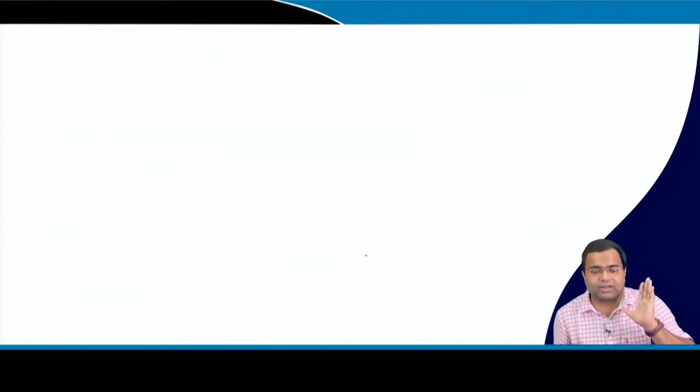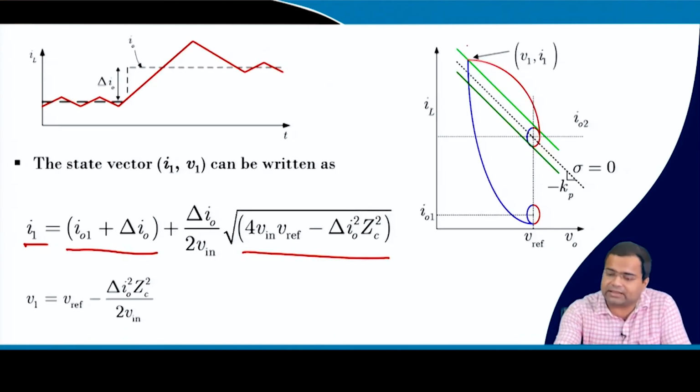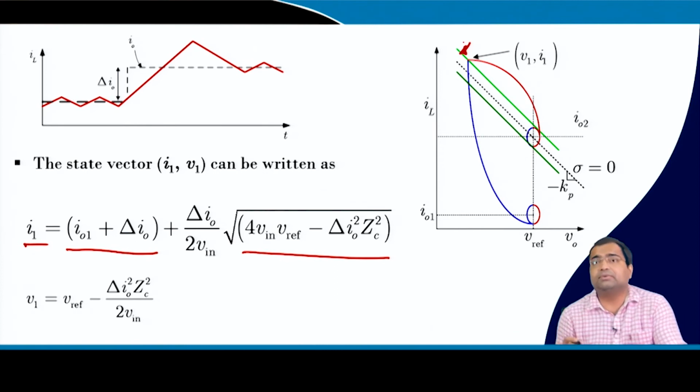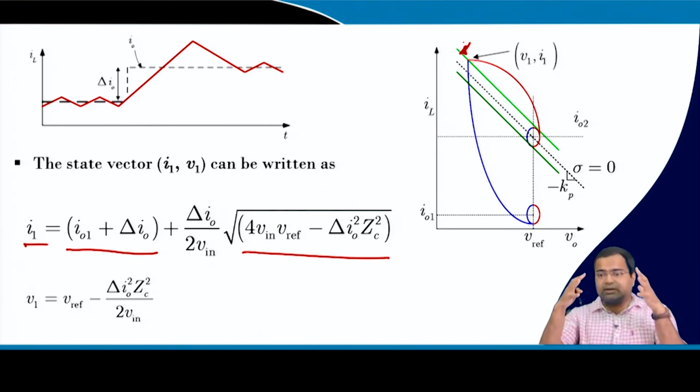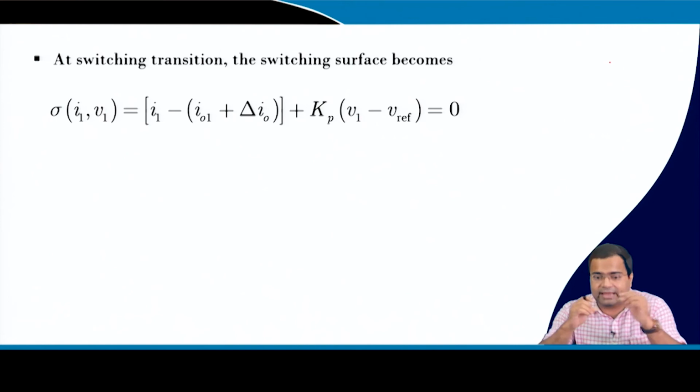I1, V1 is the unknown. Now, at the switching surface where it will intersect, right, if you draw the switching surface, at this point sigma, it is basically intersecting with the V1 and I1, and we are again approximating that instead of sigma 1, we can take simply sigma. That is a small approximation because we are ignoring that variation due to the ripple.